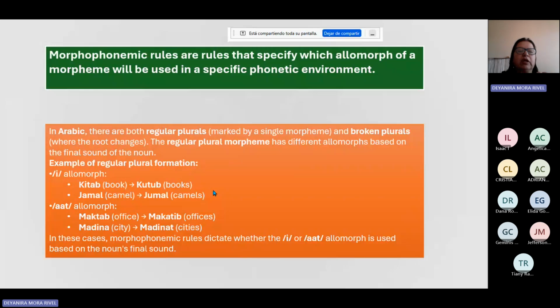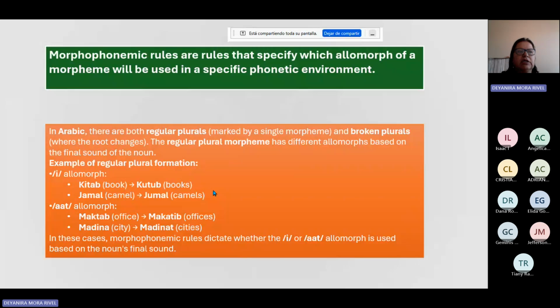For example, in English, we have tooth and teeth, right? Goose and geese, meaning that the sound E or the double E in spelling is going to be another way, an allomorph of the plural.